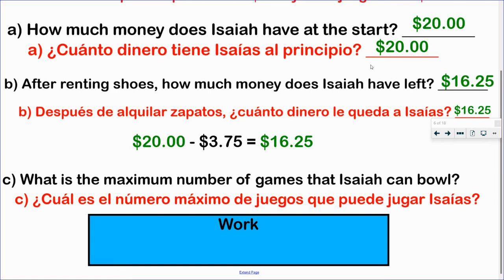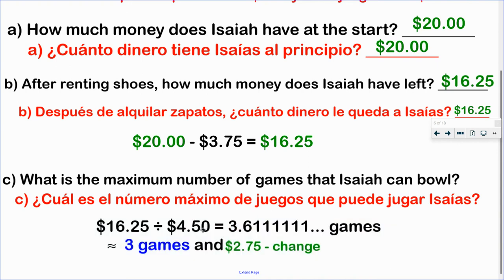I think the most direct way, if you have $16.25 left, then he can divide the $16.25 by $4.50 for each game. That way you'll give him the amount per game, which will be, or games per amount. So $3.6111 games is the official amount of games he can bowl.